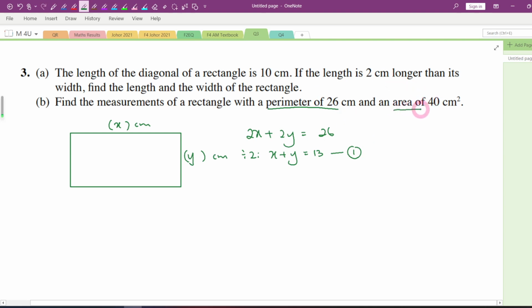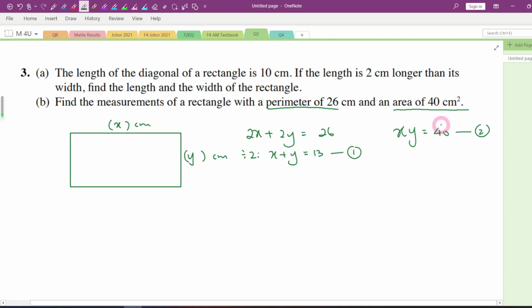Now we are going to use another given information to help us form another equation. The area of this rectangle is 40 square centimeters. How do we get the area of a rectangle? We take the length multiplied by the width, right? So it means x times y is equal to 40. So just let this be the second equation.